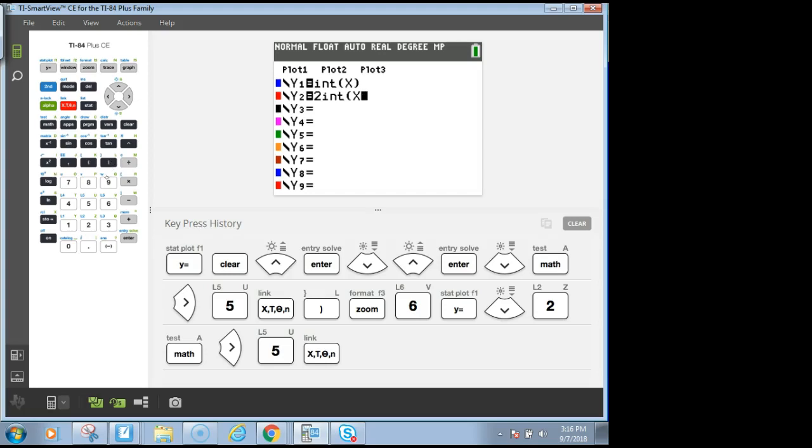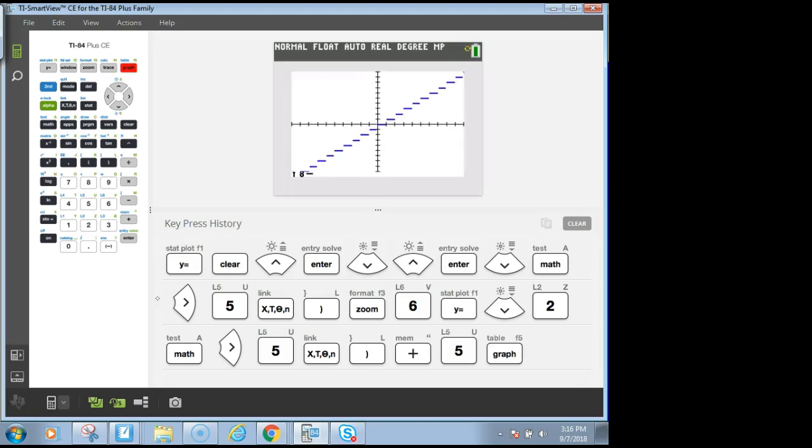Okay, I don't care. Close the parenthesis, plus 5, just so you can see what happens. Hit graph. See how the stairs are further apart and everything? Because we did 2, so there's 2 spaces between the stairs.